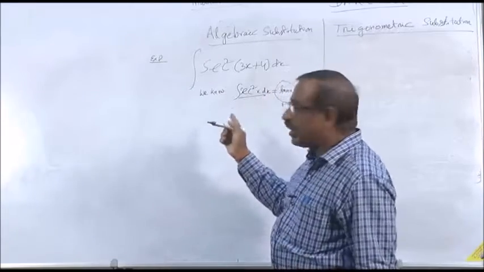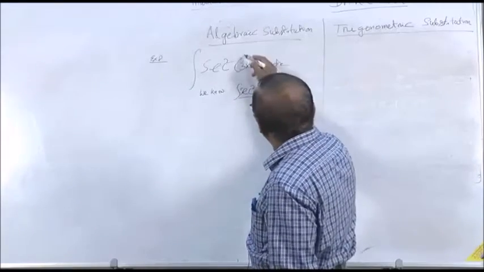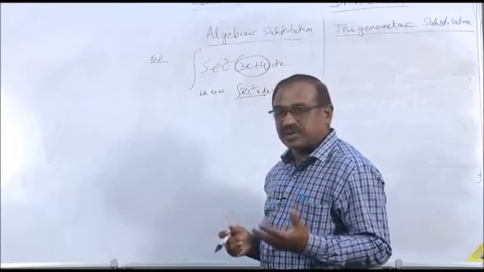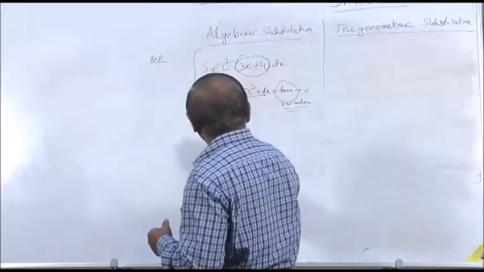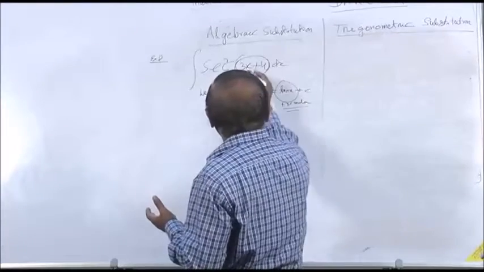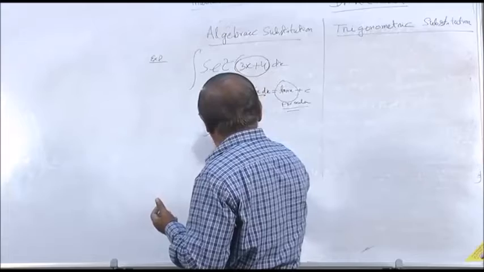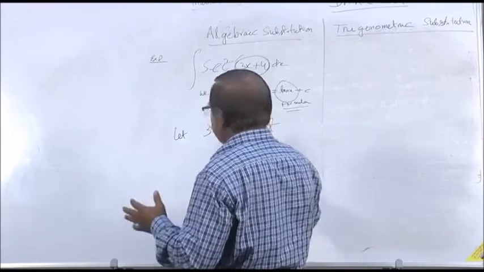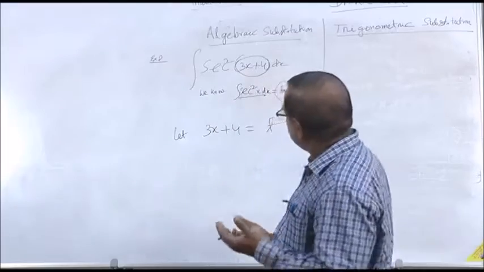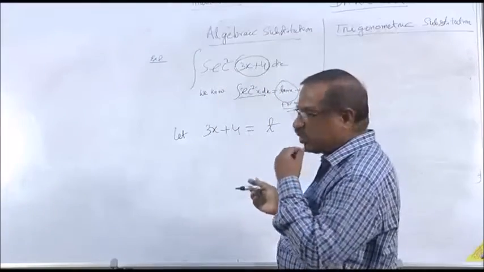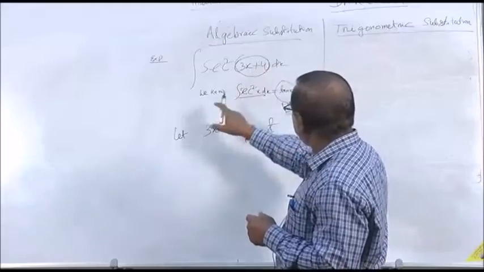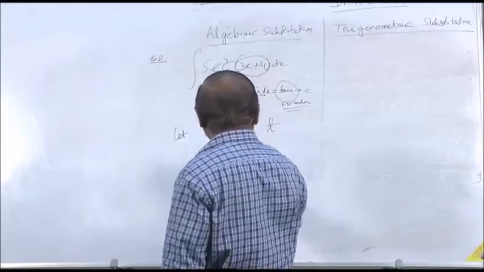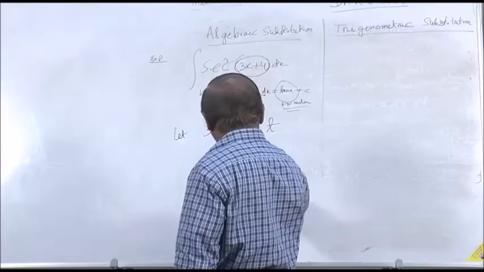Here we are unable to apply this formula because it is not directly given only x, some other function is there which creates a problem for us. So we substitute something for this given question. Let 3x plus 4 is equal to t, or some other thing you can take. Why do you substitute this? Because we have to reduce this question to the standard form.